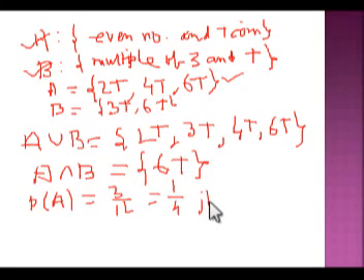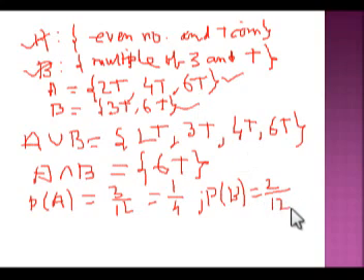The probability of B will be the number of outcomes of B, this is 2, and the total number of outcomes we have already calculated, that was 12. So this is 1 by 6. Now what will be the probability of A union B?